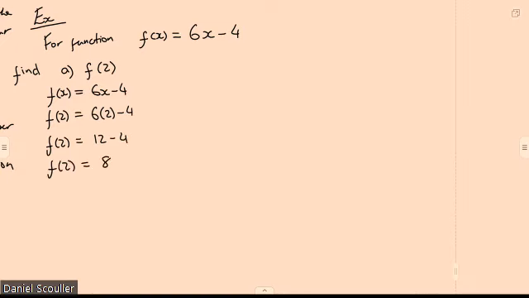Simple as that. Where we see that letter, we're inputting that number.